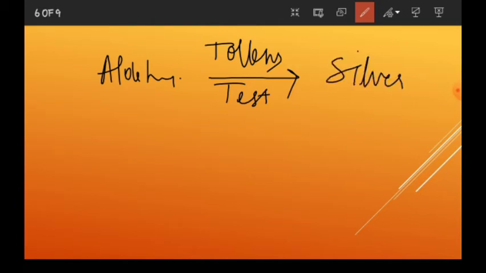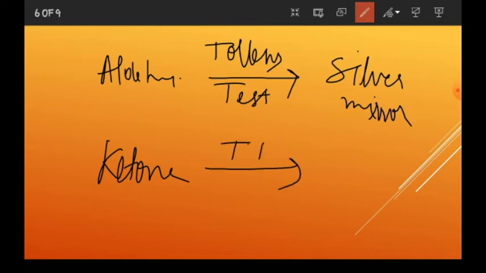This precipitate is known as silver mirror because it appears on the side of the test tube as a silver mirror. And if there is a ketone and you write Tollens' test, no silver mirror is formed. So children, at least you should remember this if you are not able to remember the equation.